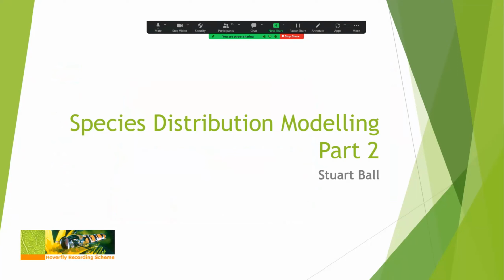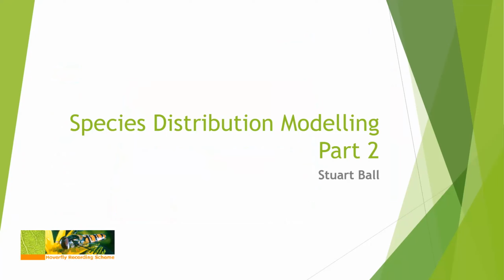Thanks. Okay, so this is part 2 of talks about species distribution modeling. And this will be a little bit different because some of the stuff I'm going through takes a very long time to run. And so what I've actually done is recorded the various bits I was going to show you and actually edited them down to edit out the gaps and speed up some of the longer bits.